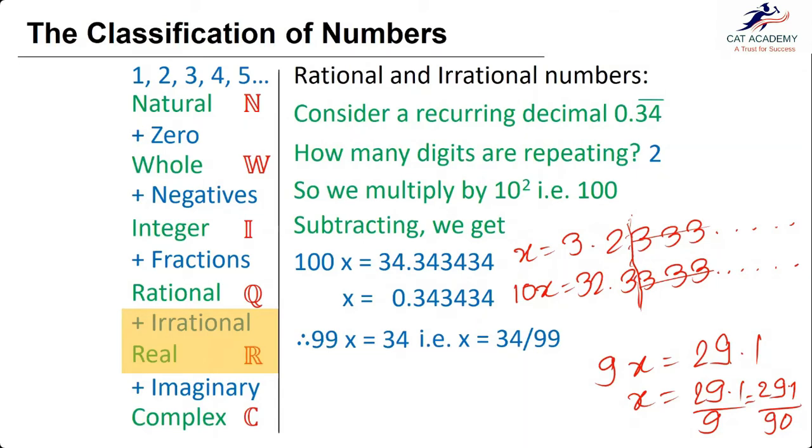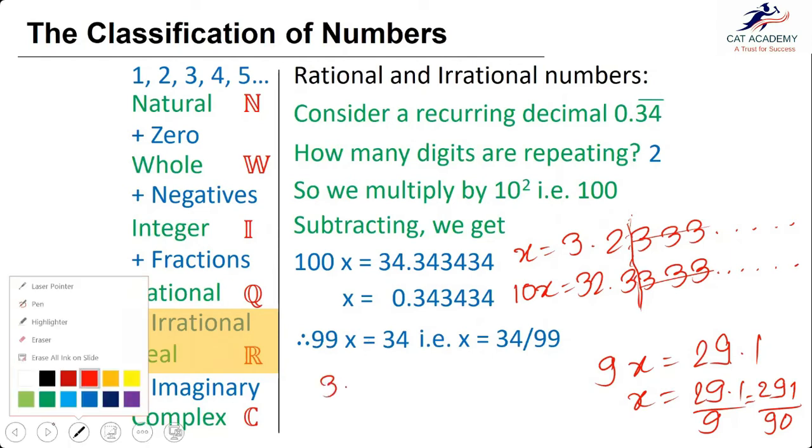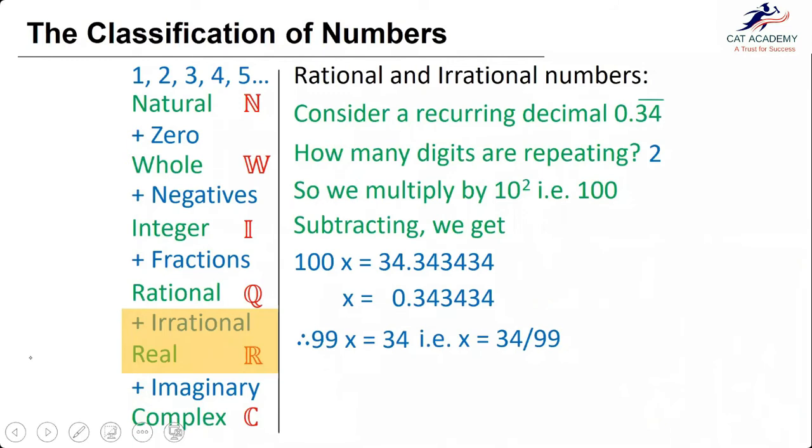Soumya, even if we get a decimal, it can be converted to integer. Shortcut may not work in this case. See, again, shortcut can work, but you have to practice it a lot so that you get very much accustomed with it. It can be done like this. 3.23 bar. So what I'll do, 3.2 plus 0.03 bar.